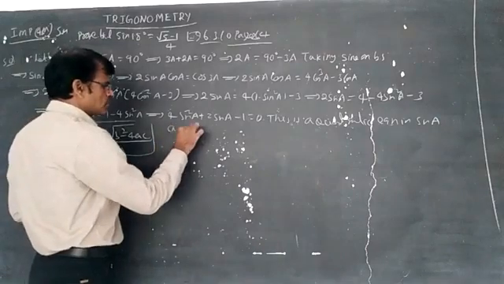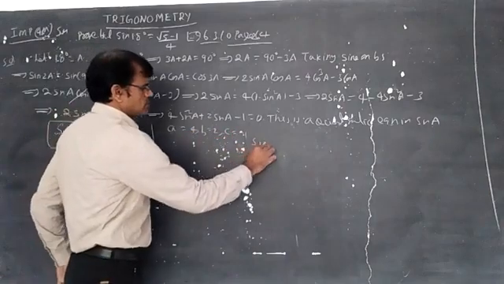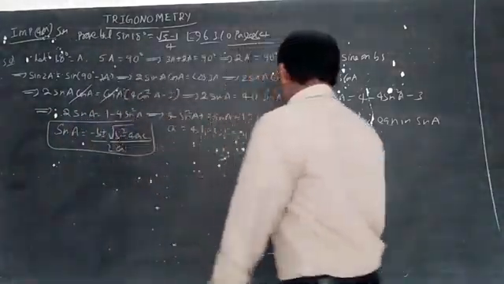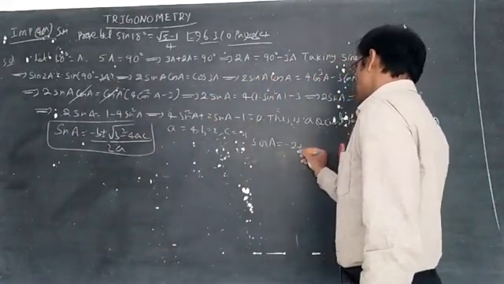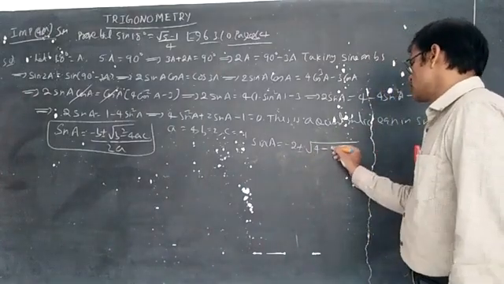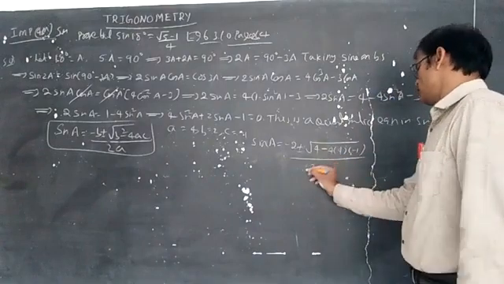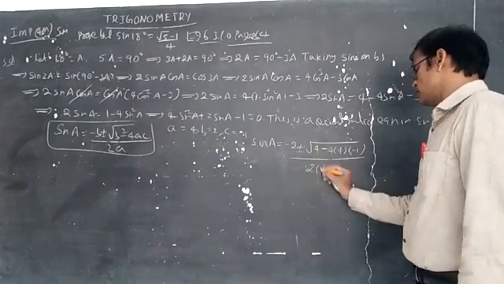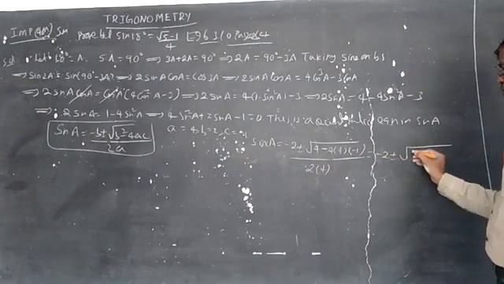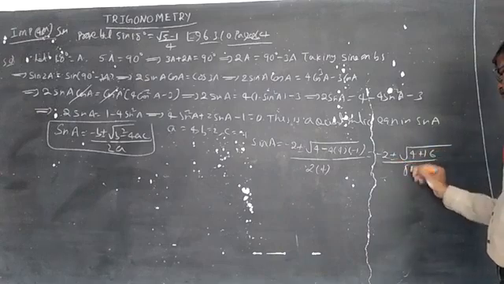Now, a is equal to 4 here, b is equal to 2, c is equal to minus 1. So, sin A is equal to minus b, meaning minus 2, plus or minus root of b square, meaning 4, minus 4ac, so 4 into minus 1, whole by 2a, meaning 2 into 4. So, that is equal to minus 2 plus or minus root of 4 plus 16 whole by 8.